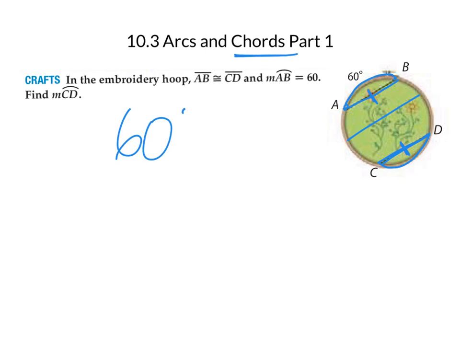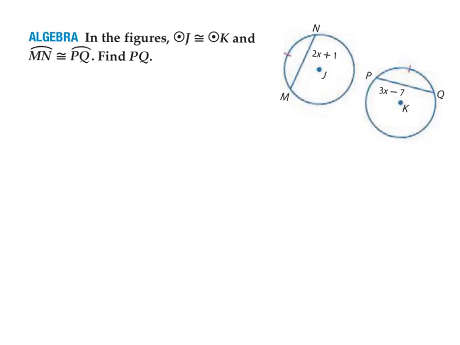Let's take a look at another type of problem. In this problem here, we have two different circles. First we have to know that the circles are the same size, and they are because the problem tells us that circle J is congruent to circle K. So once we know that the two circles are congruent, then we can apply the same rule we learned before: if the arcs are congruent, then the chords are congruent, and if the chords are congruent, then the arcs are congruent.